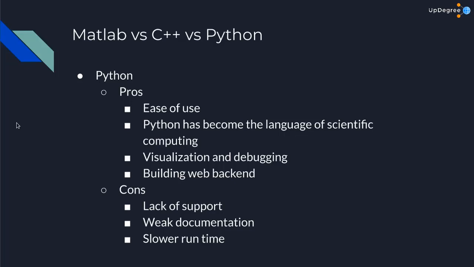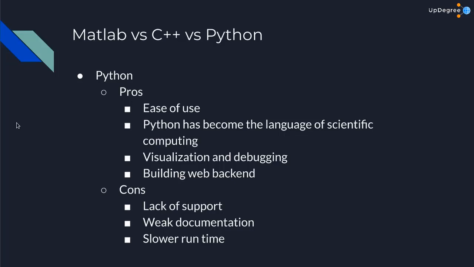The next pro of using Python is that Python is used for building web backends. Python is a very popular language for building websites. Frameworks like Django and Flask allow you to quickly put together web apps. It is very easy to use OpenCV for Python along with these web frameworks.